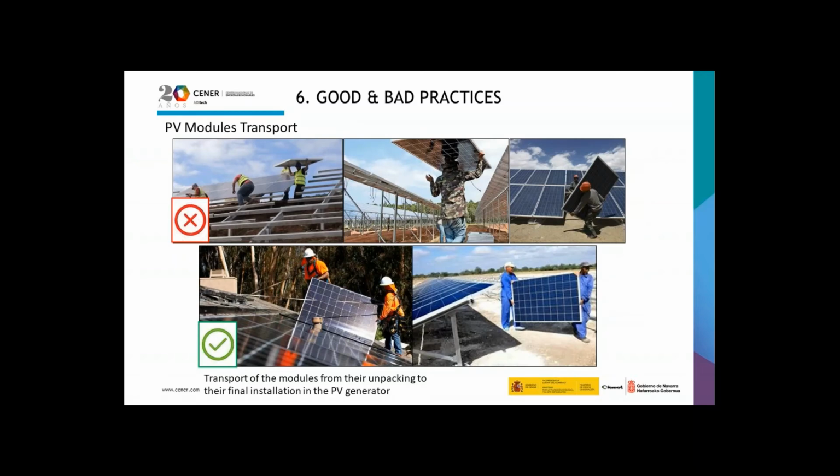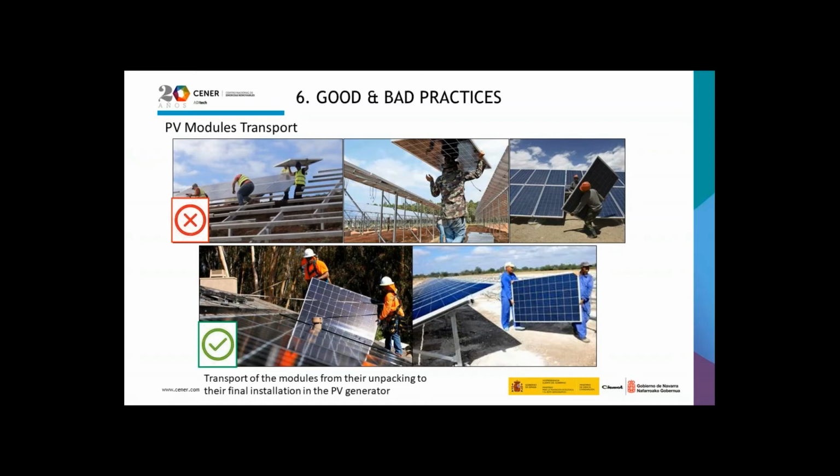In this slide, we can see some examples of good and bad practices about some aspects related to the construction and operation of a PV plant. In the present slide, we can see the PV modules transport in an incorrect way and in a correct way.